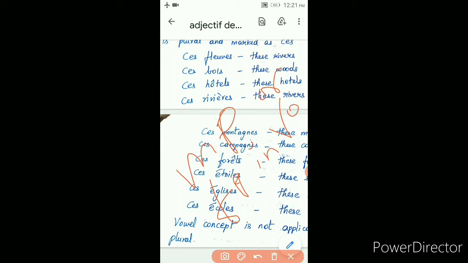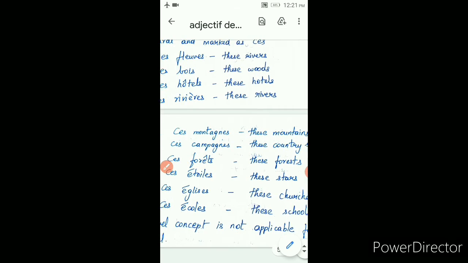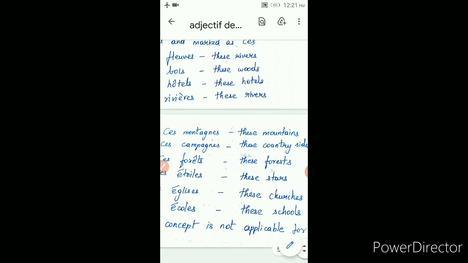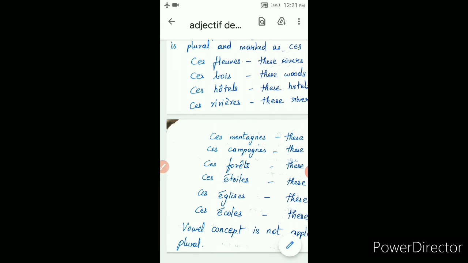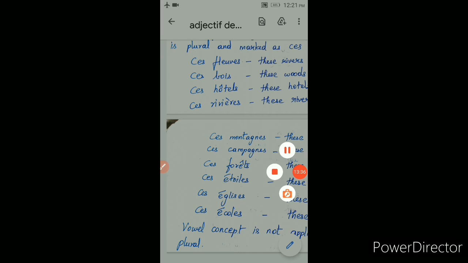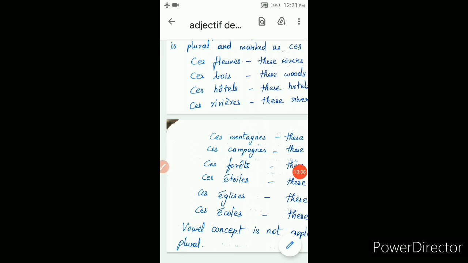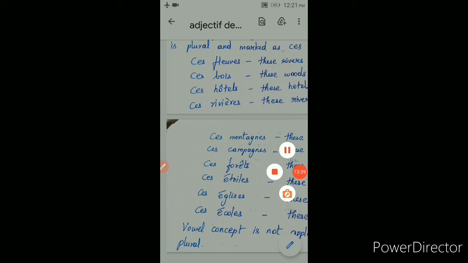Starting with a vowel, in plural, the vowel concept is not at all applicable. You have to, as usual, apply only the plural method, ces. So that is what I have written here also. Vowel concept is not applicable for plural. Hope it is clear for you all. Now let us move on to the exercise.